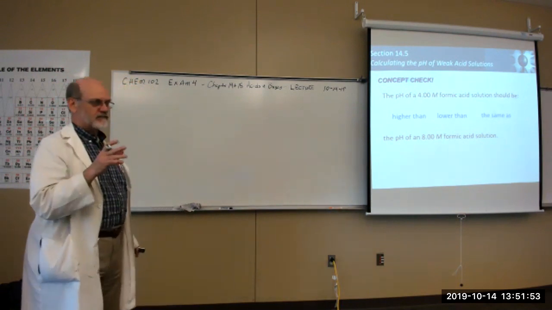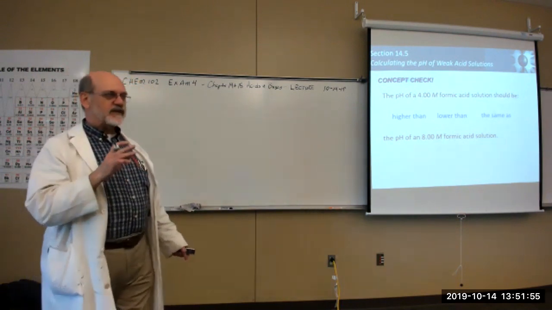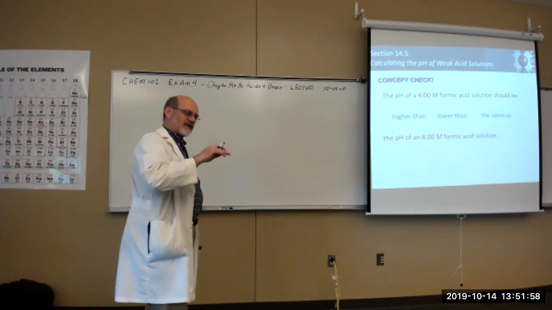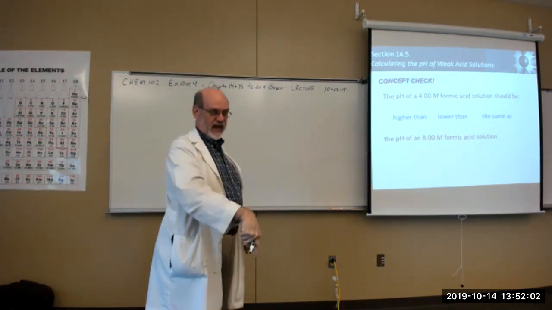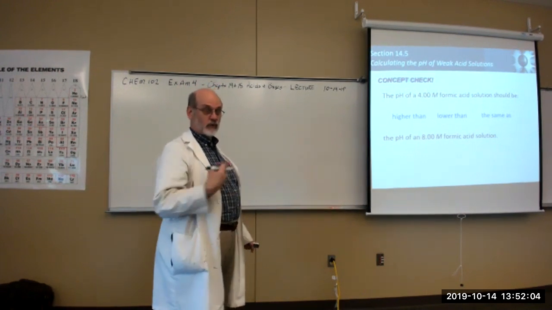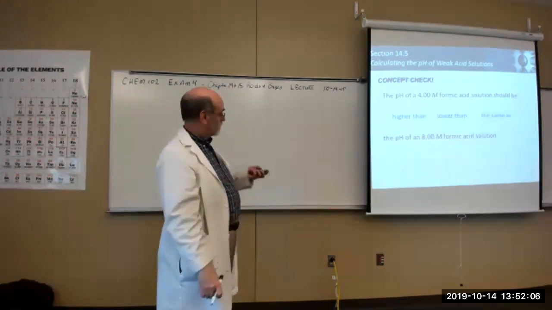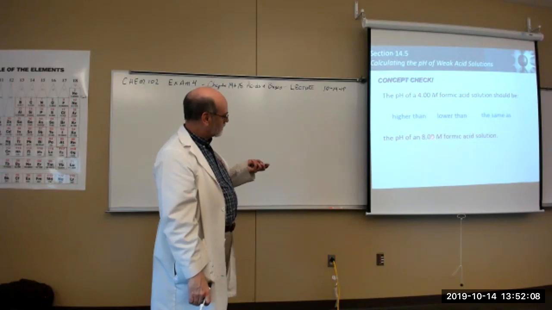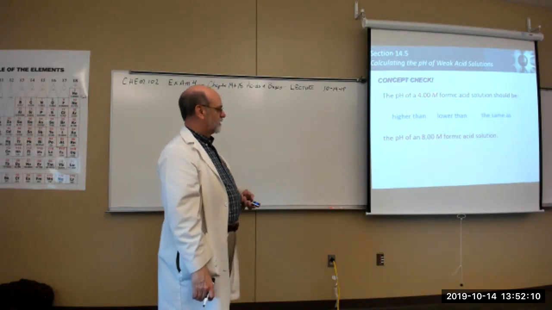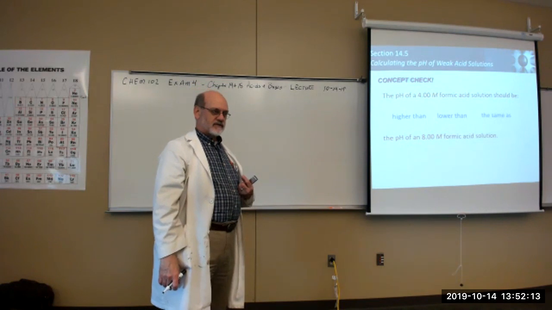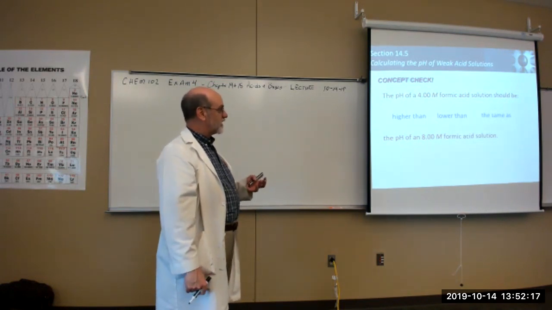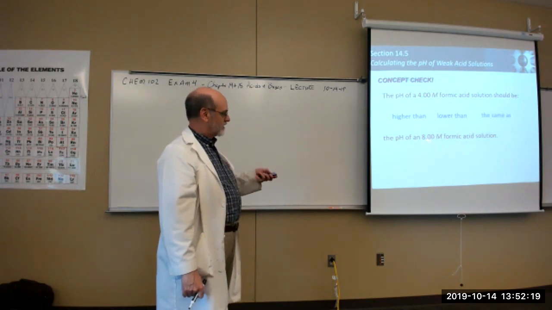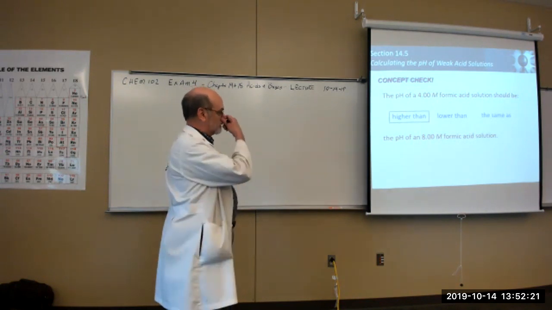Okay, let's think about it. The percent dissociation goes up, but what actually happened to the hydrogen ion concentration? It went down because we diluted both sides, right? We went from this one, diluted it to that one. Now the pH would be higher than expected based on the dilution, but it's still less than the 8 molar formic acid. That's wrong.